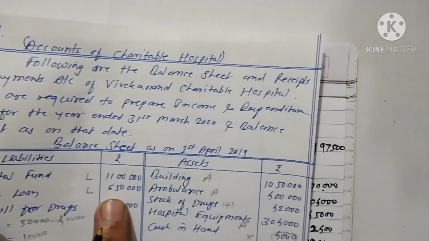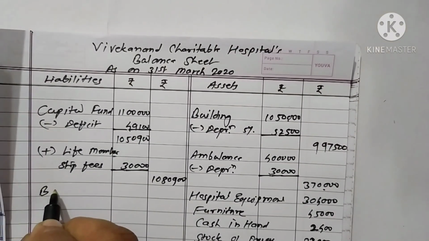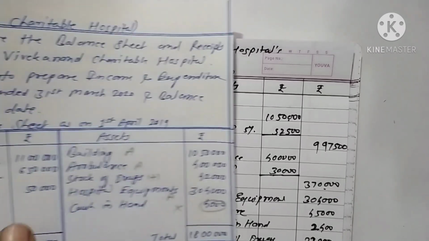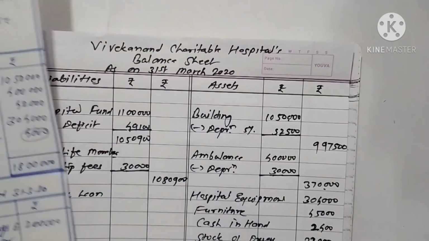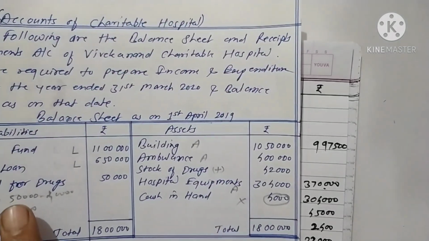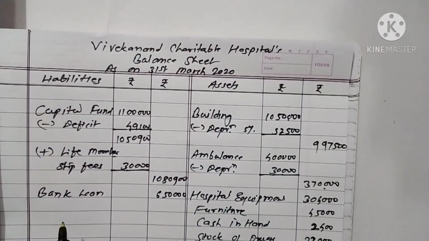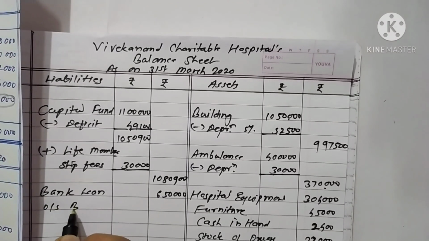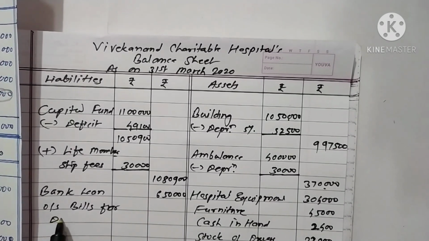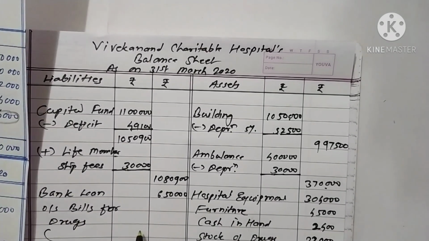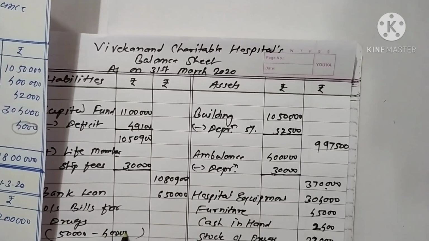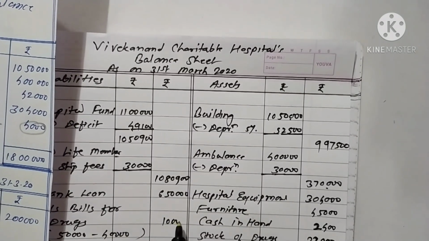Bank loan is a liability, rupees 6 lakh 50,000. Next is outstanding bill for drugs. We find here 50,000 minus 40,000, it's 10,000 payable.